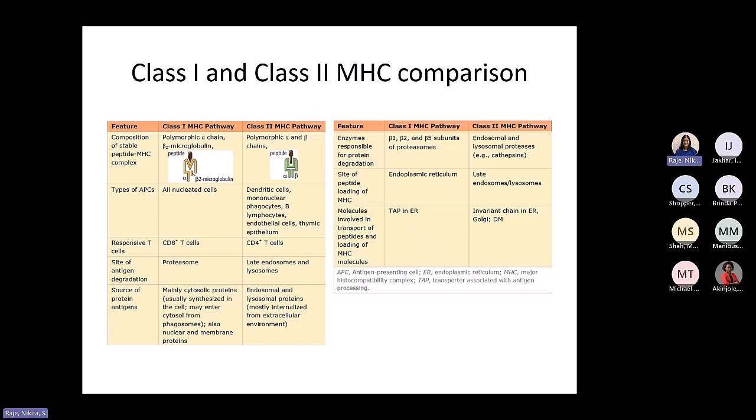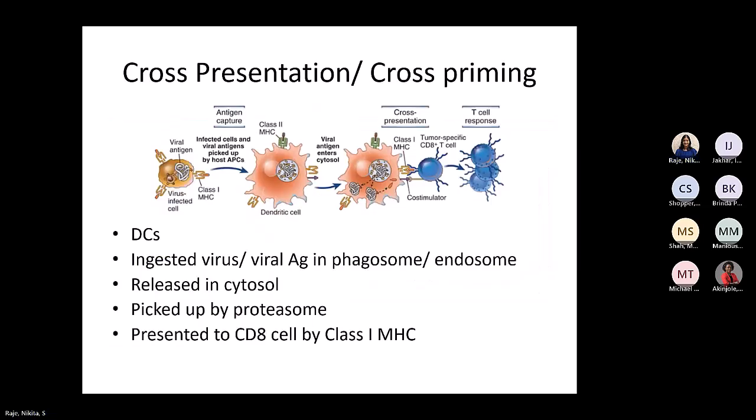Peptide loading occurs in the endoplasmic reticulum for class 1 MHC, but it occurs in the endosome lysosome in the case of class 2 MHC. Important for transportation in class 1 MHC is TAP, and for class 2 MHC, we talked about the invariant chain. Cross-presentation, we already talked about this.